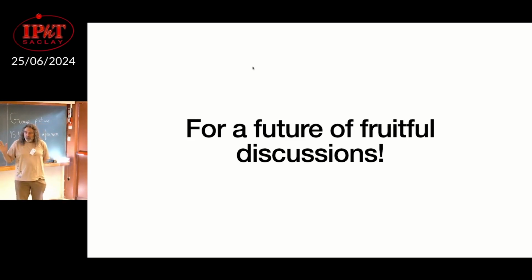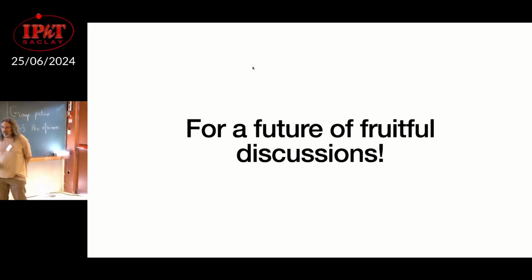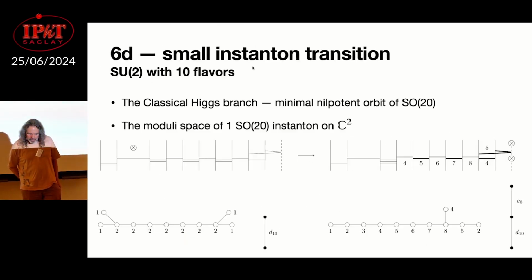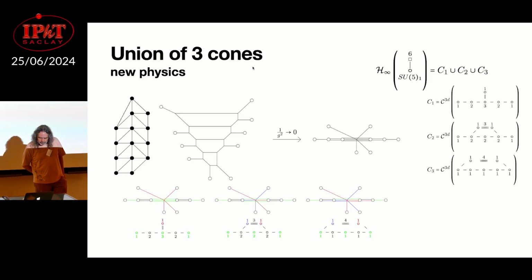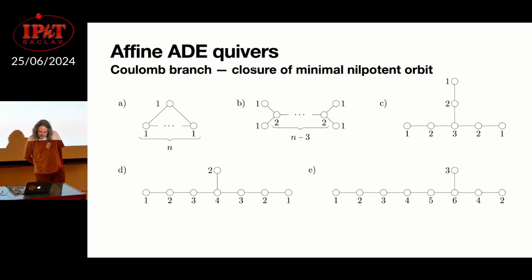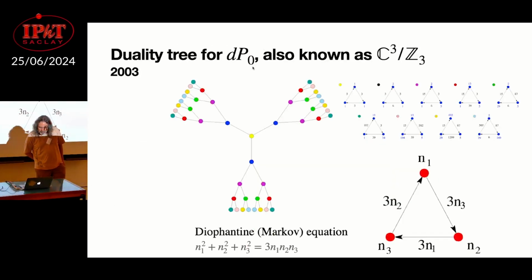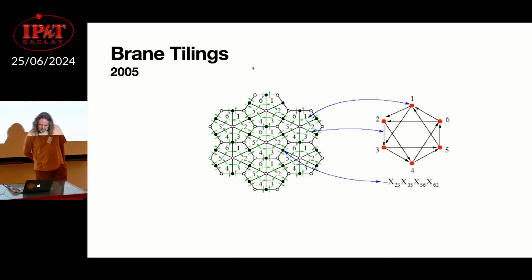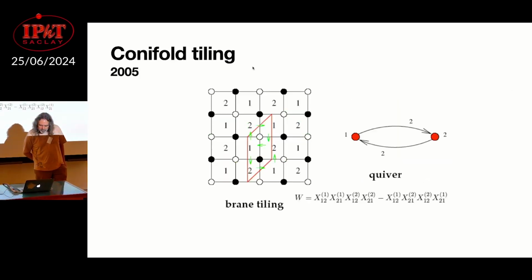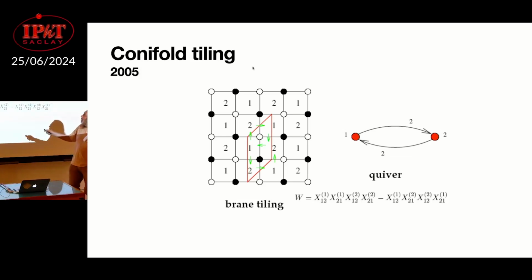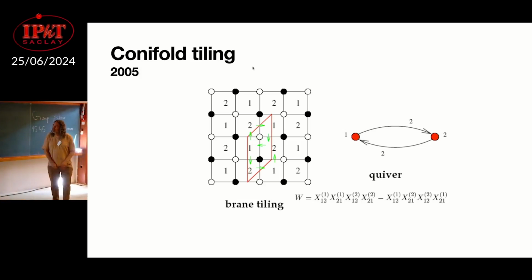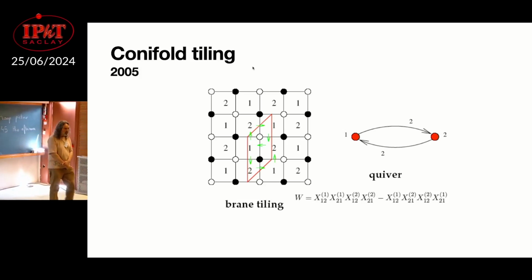The way you do that is that given a tiling, let's say over here, here's a fundamental domain that you get from this particular tiling.